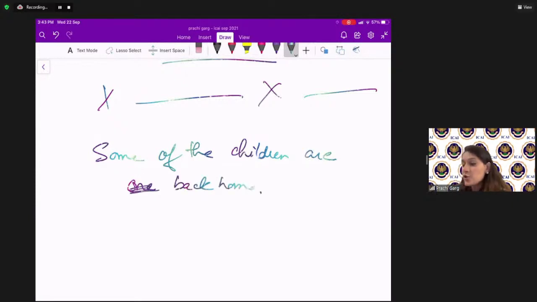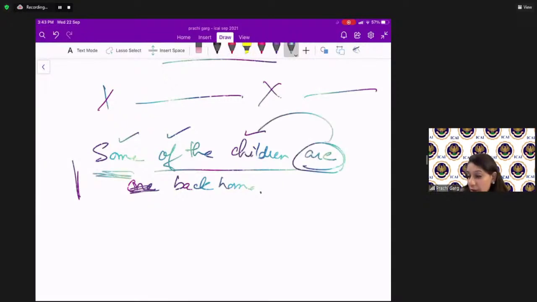Some of the children are back home. Now, the sentence starts from some, followed by an object of preposition. There's a preposition and there is the object, children. So in case of this, whenever the sentence starts from some, we decide our use of verb according to the object of preposition. Okay, all right.